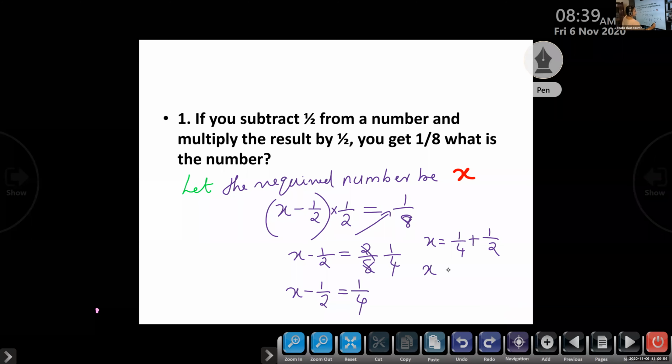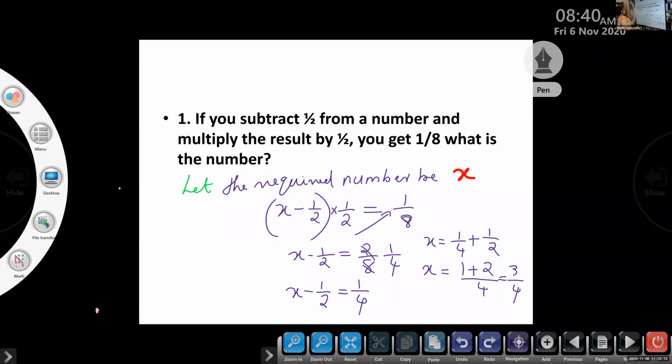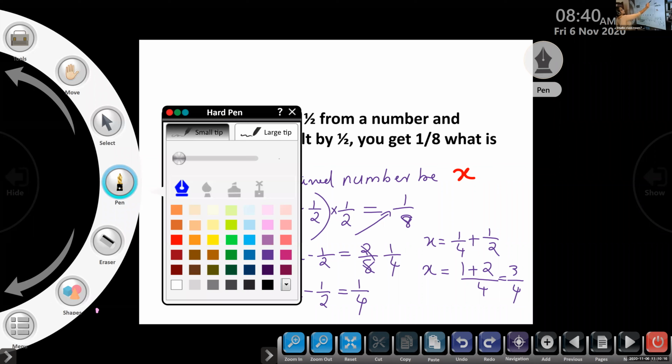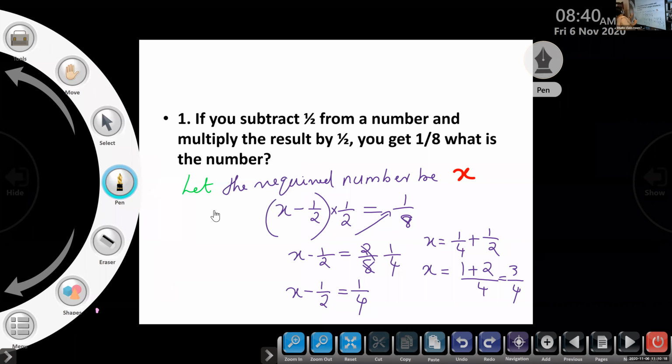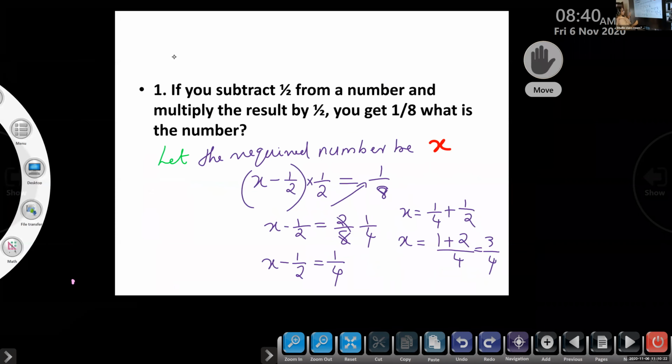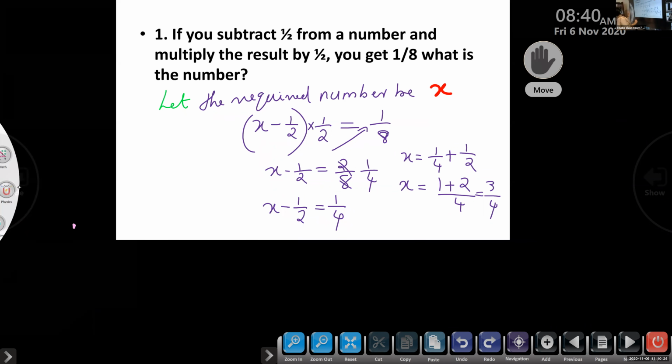Taking LCM, x equal to 1 plus 2 by 4, that is 3 by 4. So the required number is 3 by 4.